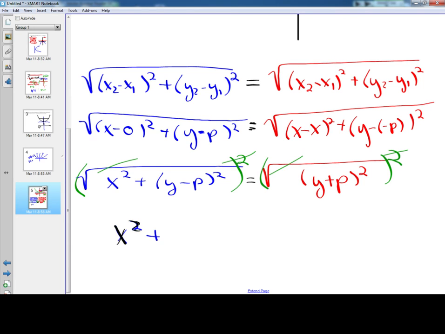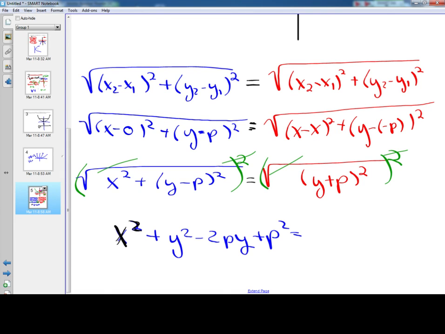It got rid of the square roots. See how I put lines through those? So here's what I've got. To square this, it's going to become y squared minus 2py plus p squared equals.